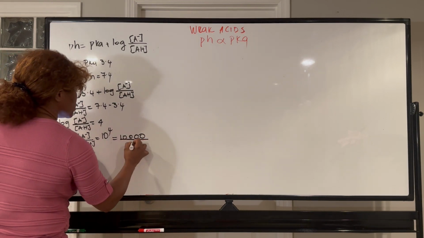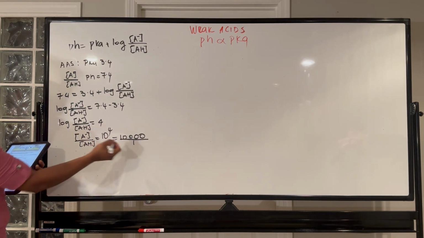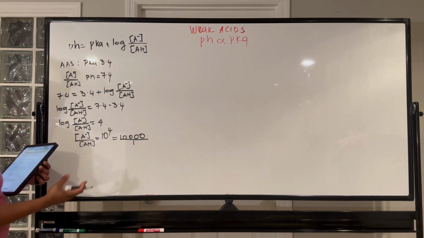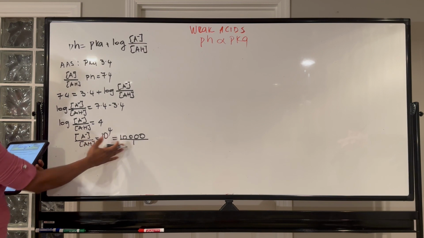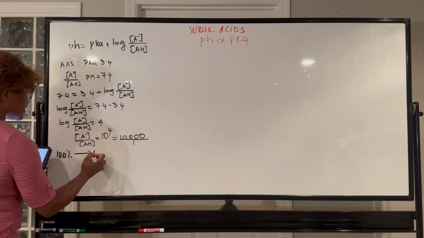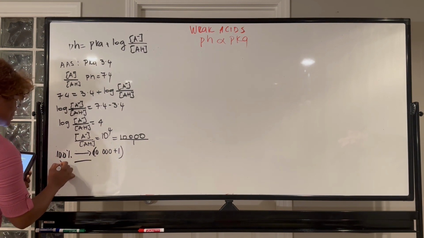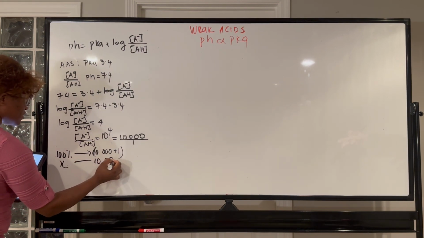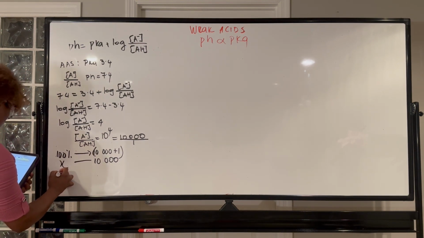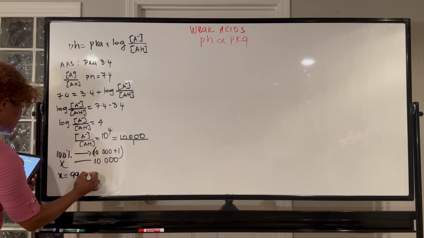This is actually a ratio, but what I'm asked is the percentage. So what's the percentage of 10,000 and what's the percentage of 1? 10,000 plus 1 is going to give me 100% of the drug, because I have 10,000 ionized and 1 non-ionized. So the math of this is going to be 99.99%.